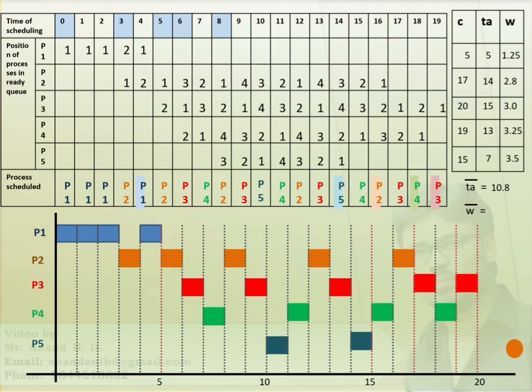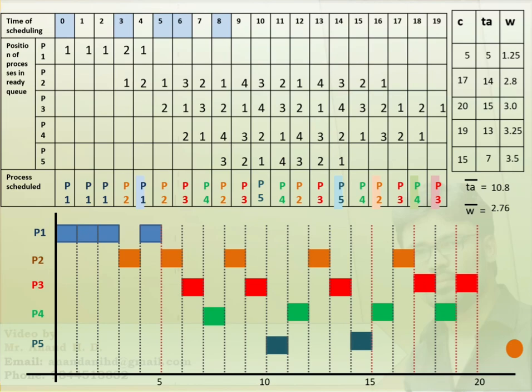So similarly, for average weighted turnaround time, we need to sum all these 5 weighted turnaround times divided by 5. That is 1.25 plus 2.8 plus 3.0 plus 3.25 plus 3.5, which is nothing but 13.8 time units divided by 5 will give you 2.76 time units.